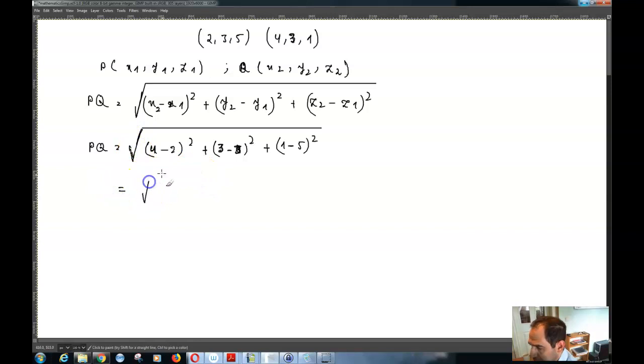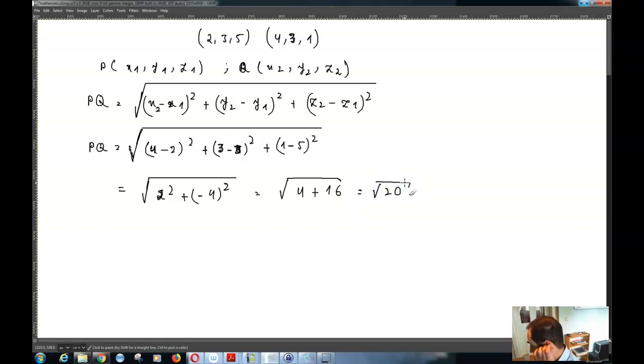That is 2 squared, which is 4. 0 squared is 0, and negative 4 squared is 16. That is equal to the square root of 4 plus 16, which is the square root of 20, and that is the square root of 4 times 5, which is equal to 2 square root of 5.